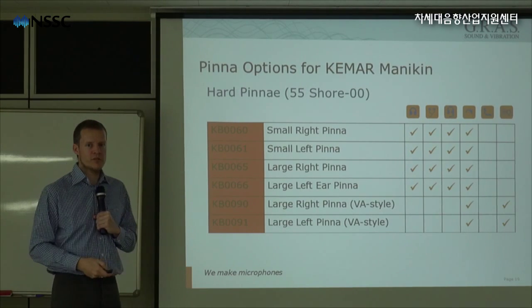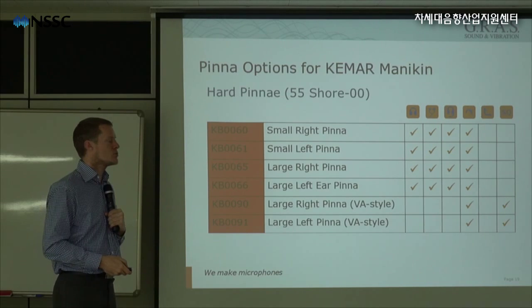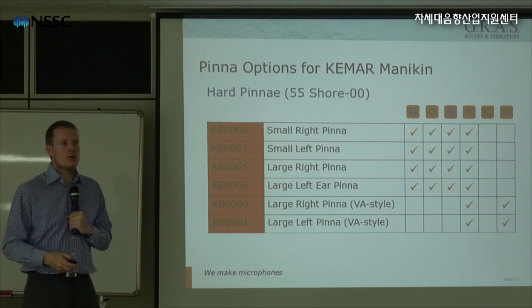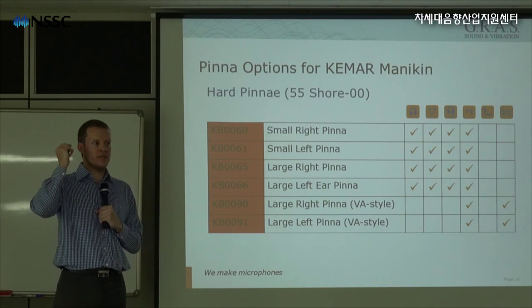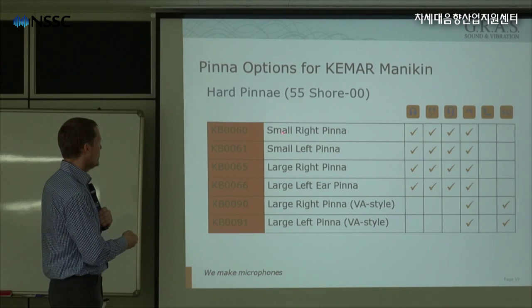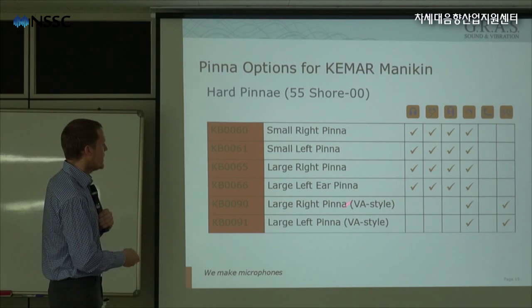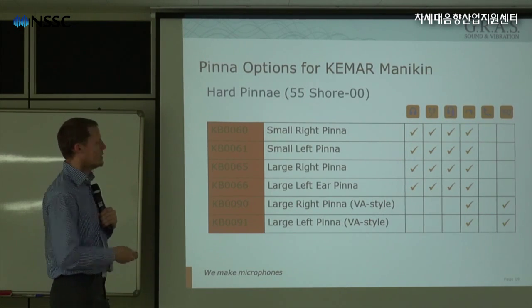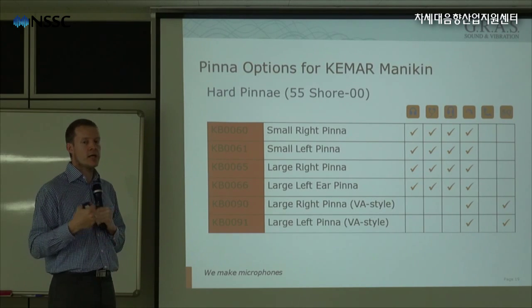If we look at some of the different ways to equip the KEMAR, we have several different kinds of ear pinnae. The ear pinnae that we have are the small right, small left, large left, and then we have some VA styles which are suitable for other types of applications. All these types we have in a soft version and in a hard version.